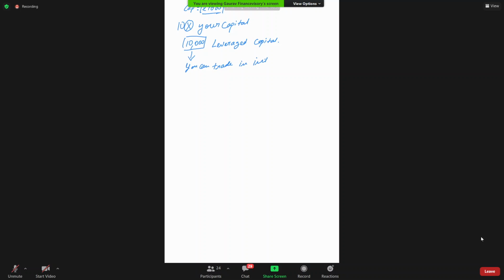in intraday, not in any other segment. Suppose you are making 1% profit on your leveraged capital. I'm writing it LC, leveraged capital. So 1% of 10,000 is equal to rupees 100.